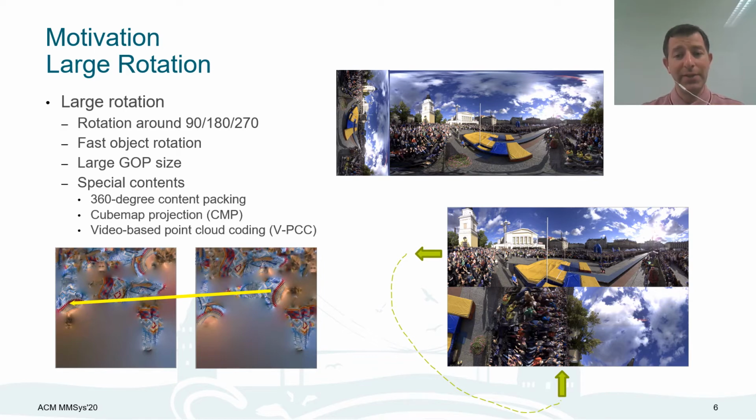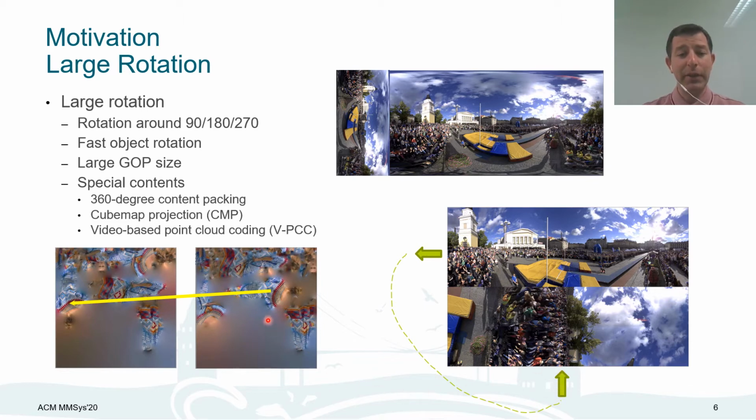Or in this CMP, the figure on the bottom right corner, this is a CMP representation of 360 data. When one object goes outside from this side, let me show with the pointer, then it will appear from the other side, but rotated 90 degrees.